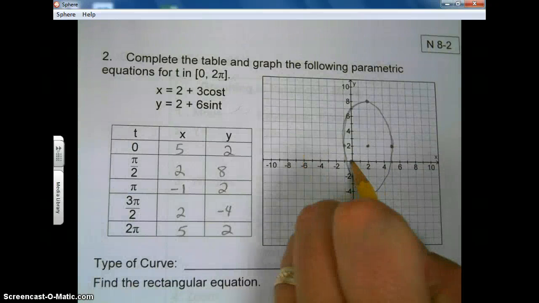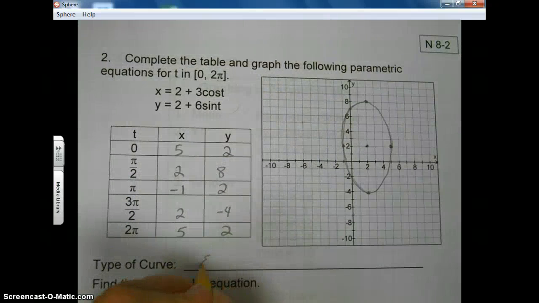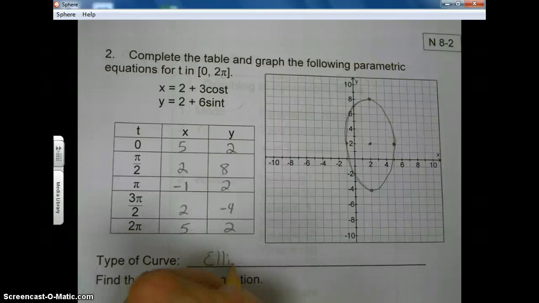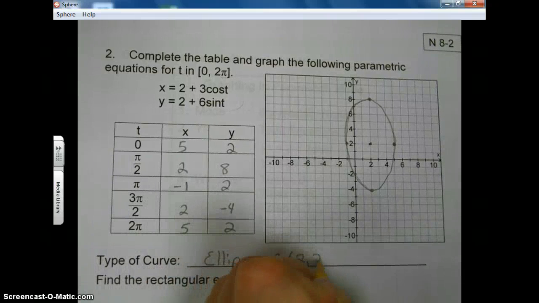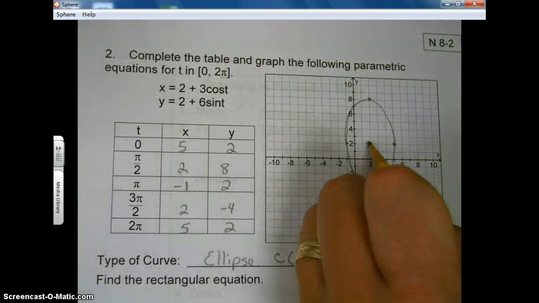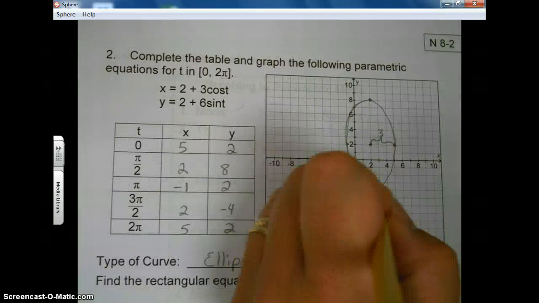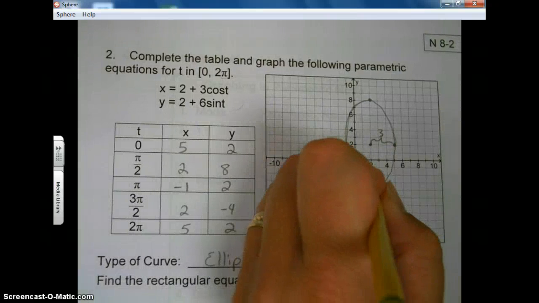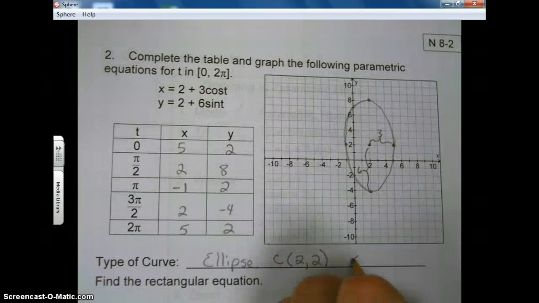So we have an ellipse, and the center is at 2, 2. Our x radius right here is 3. Our y radius right here is 6. It's important.